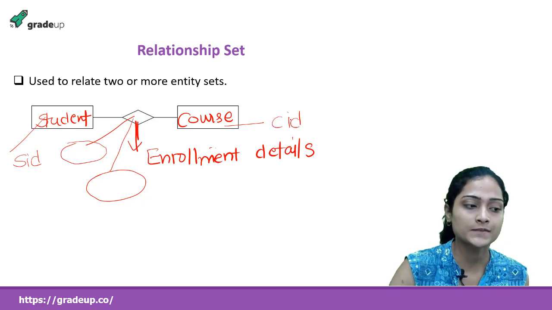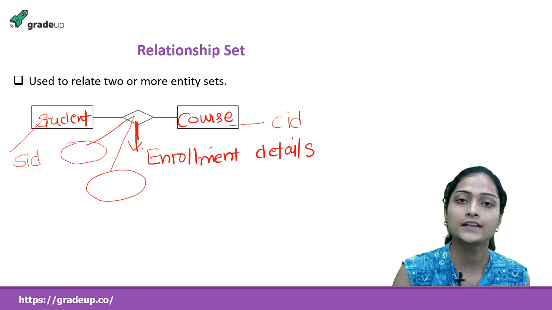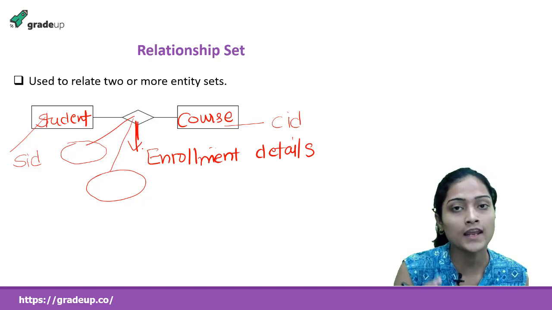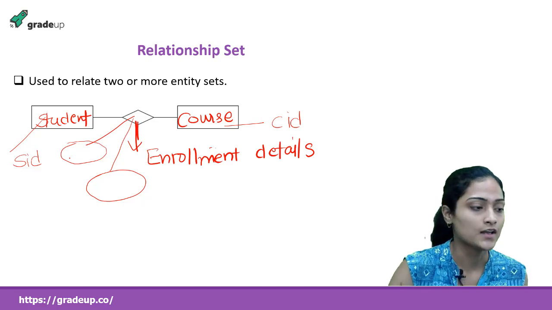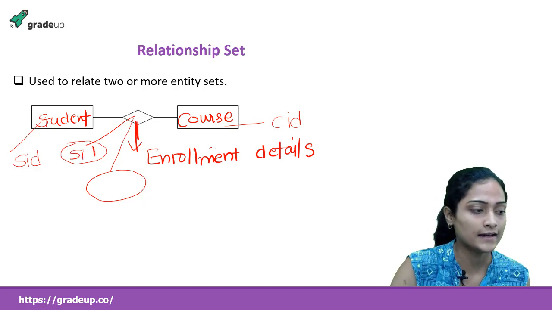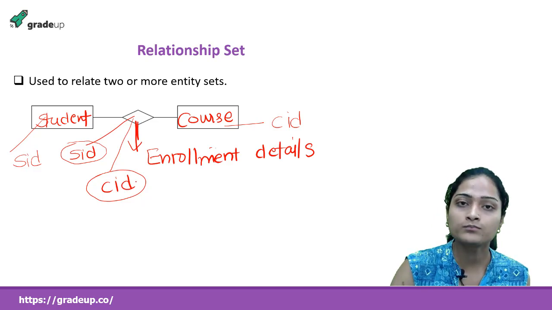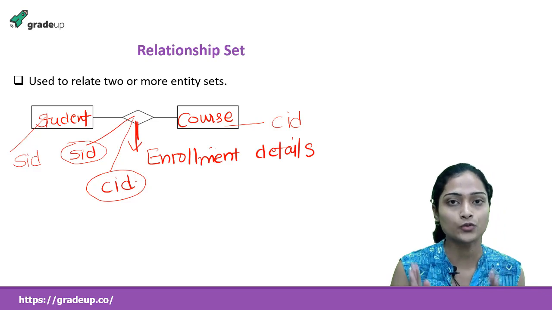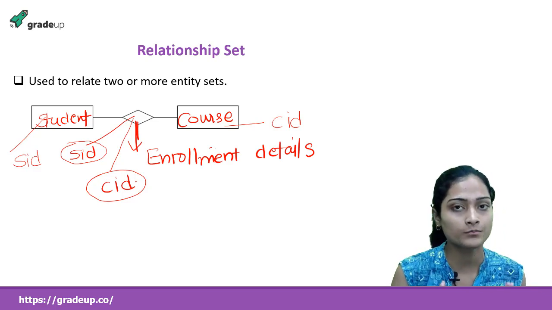So the relationship set enrollment will have two attributes for sure. It is always going to carry the candidate keys of the relations which are participating in that particular relationship set. So the main attributes are SID and CID. This much should be part of our relationship table.